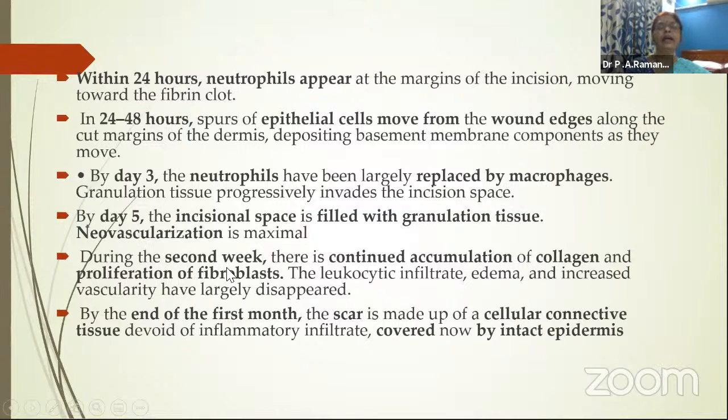By the second week, fibroblast proliferation occurs, and then a good scar has already formed by the end of the month. Cellular connective tissue devoid of inflammatory infiltrate, covered by intact epidermis. So by the first month itself, nice healing has occurred with minimal scarring.